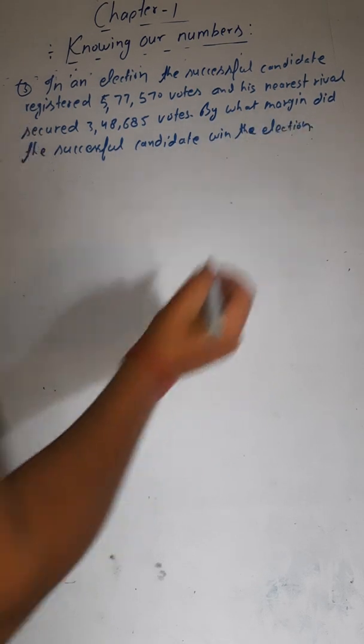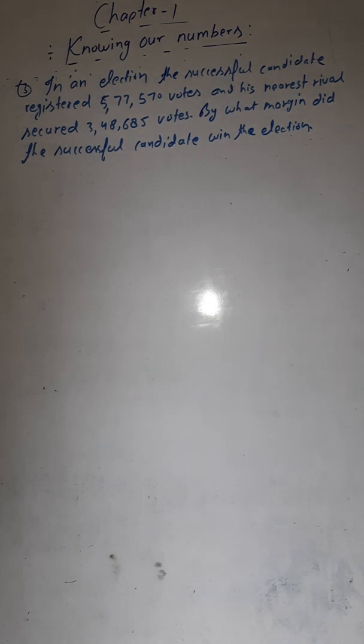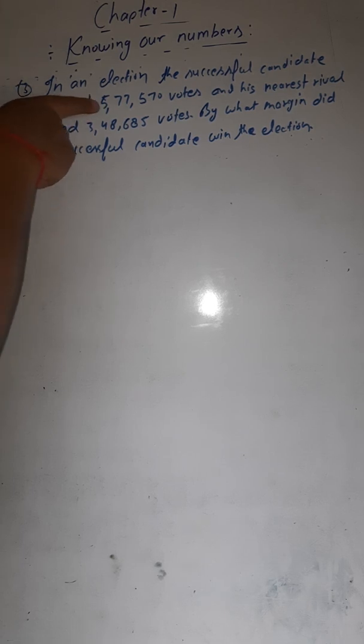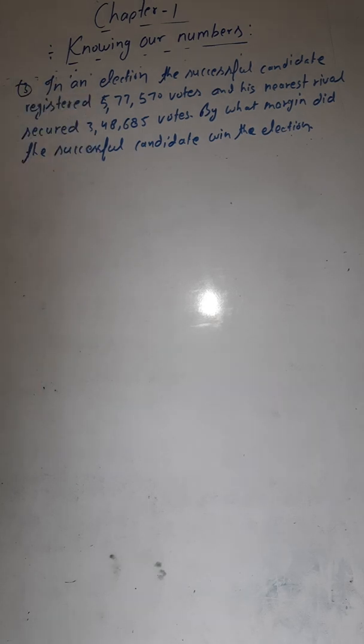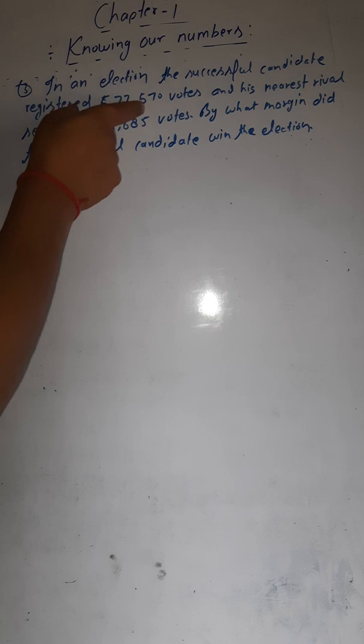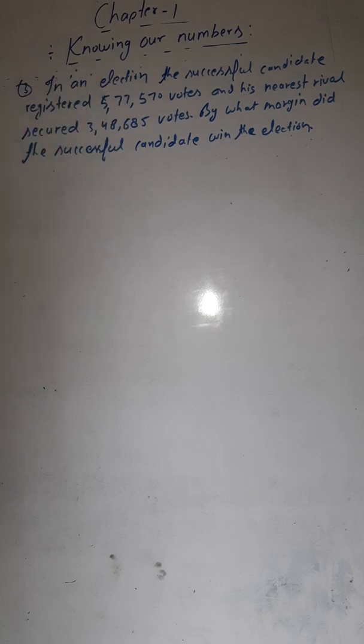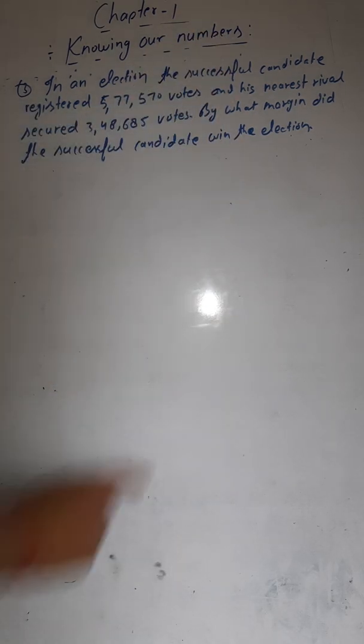So it means you have to find out the margin of votes. The winner has secured 5,77,570 votes. These are the votes registered by the successful candidate.